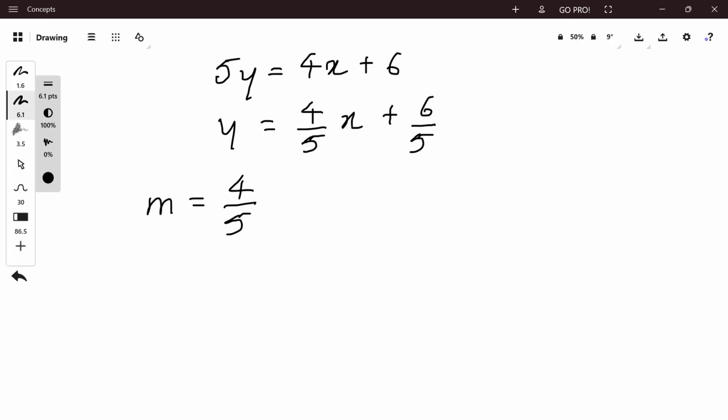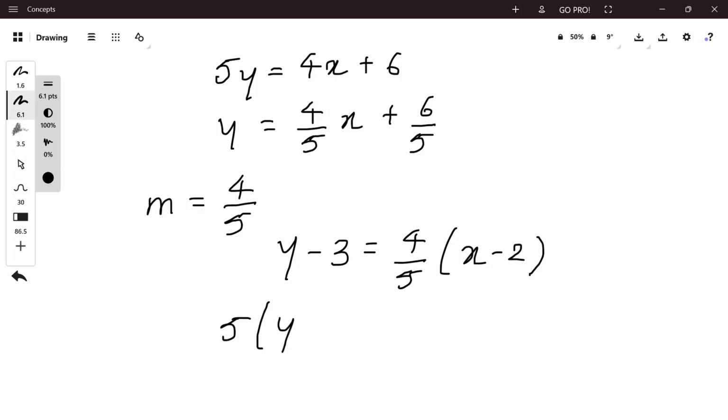The line passing through (x1, y1) = (2, 3). The point slope form: y − y1 = m(x − x1). That is y − 3 = 4/5 (x − 2). Multiplying by 5 to clear the fraction, that is 5(y − 3) = 4(x − 2).